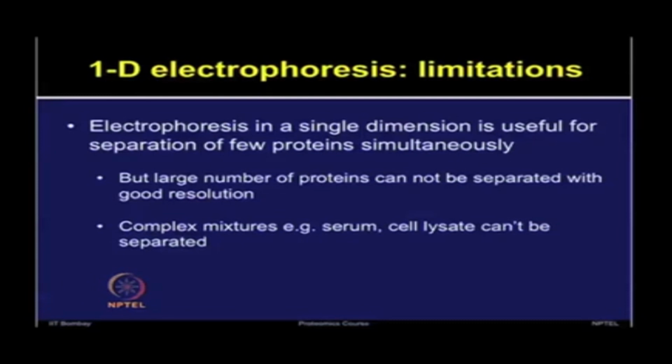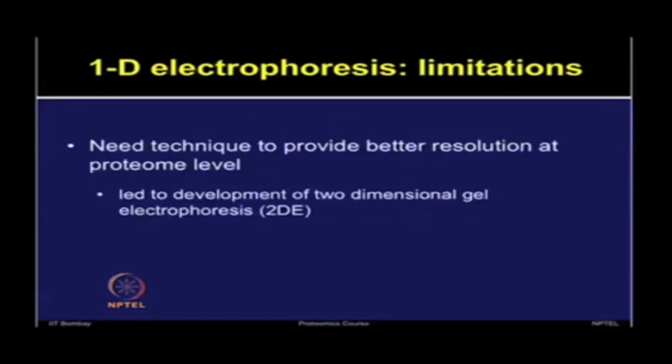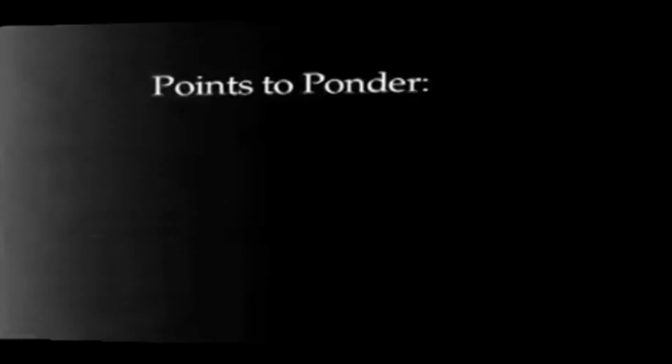If you want to get more characterization, then you have to apply different techniques. So to overcome these types of limitations and to obtain better resolution of protein separation, two-dimensional electrophoresis was applied.